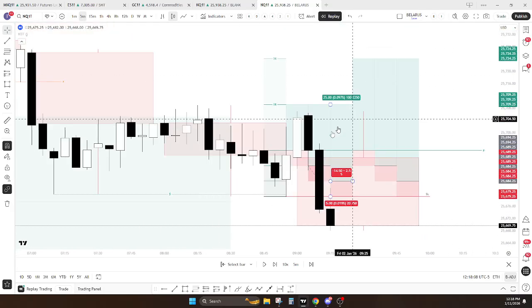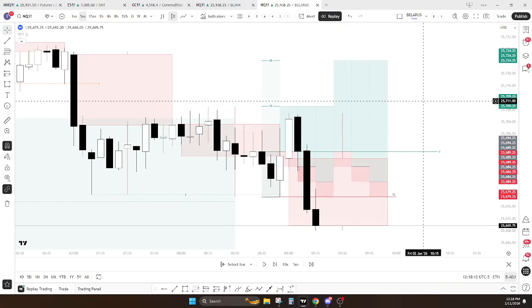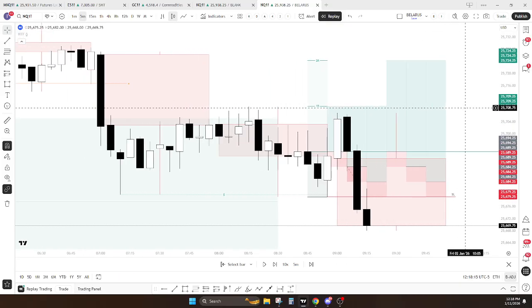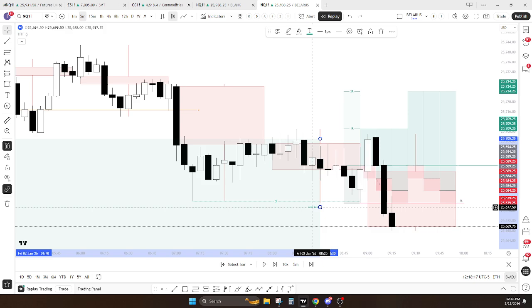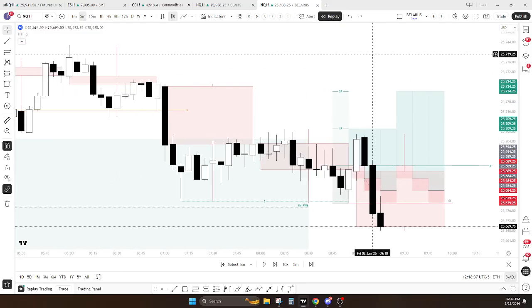Okay. I'm gonna delete this one here. And I just want to mark that this is the 1 hour fair value gap. Alright, and I'm just gonna place the time on here.